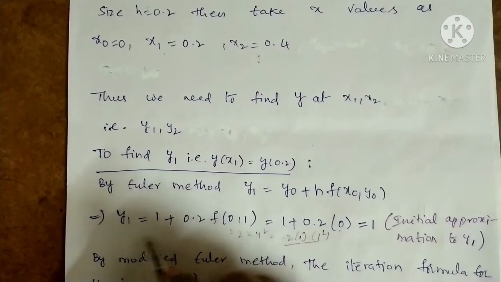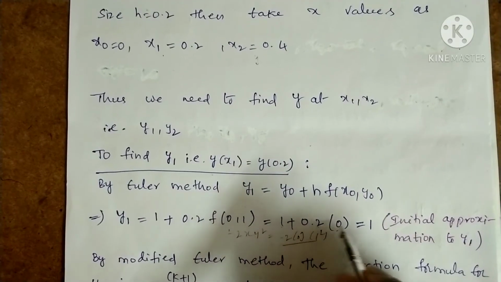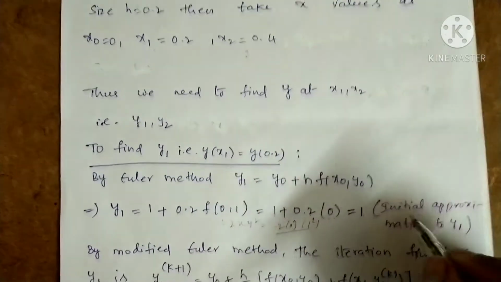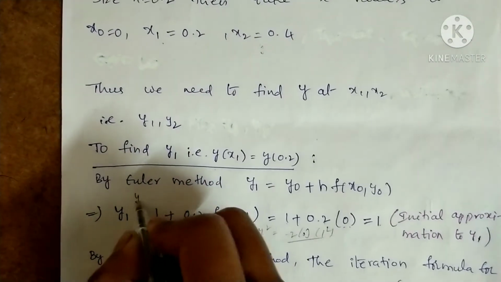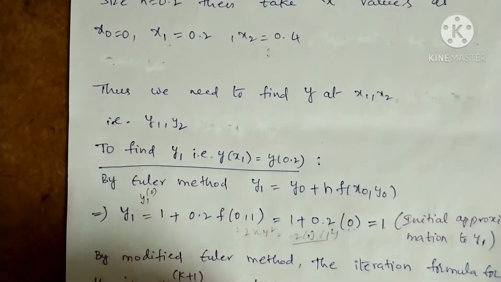So y1 is 1 + 0.2 times 0, which is 1, to be taken as the initial approximation to y1. This can also be denoted by y1^(0).